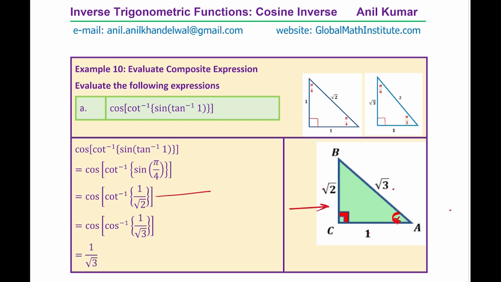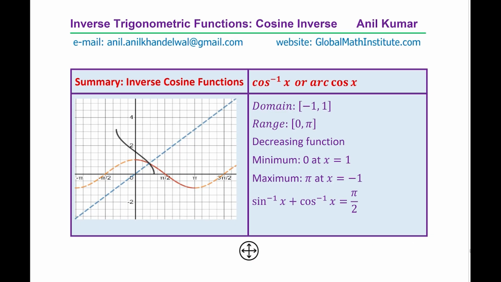So with that, we come to an end of our basic information on working with inverse of cosine functions. Here is the summary. As we have seen, the cos function is restricted from 0 to pi. Now its inverse is possible, with the domain of the inverse being from -1 to +1 and the range being from 0 to pi.